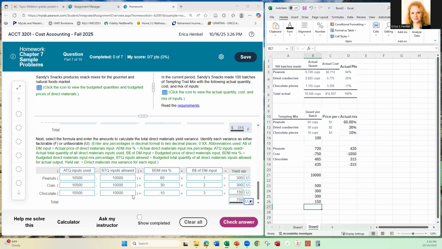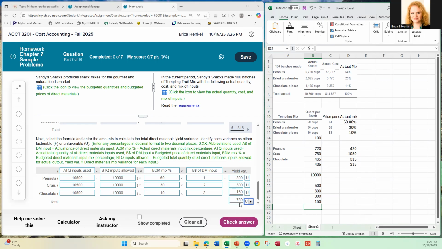All right, now all of these are going to be the same direction, by the way, right? Just because of the way this is formatted, actual total quantity minus budgeted total quantity of inputs. So if we are over in our usage in total for these mixes in terms of total quantity of inputs, then we're going to be unfavorable across the board, all right?